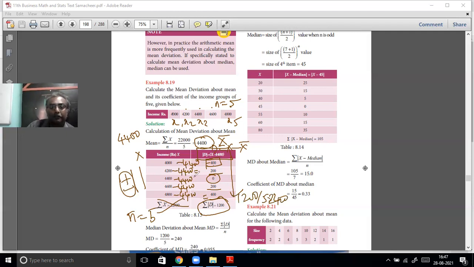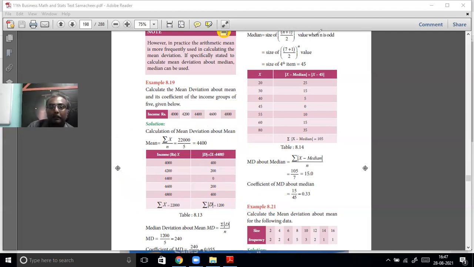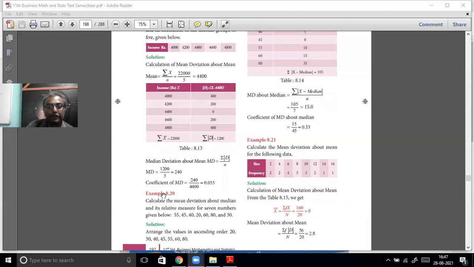அவ்வளவுதான் விஷயம். ஆமா, 240 வந்துச்சு. Coefficient of mean deviation எப்படி? So 240 is already the mean deviation. You have to divide it by mean. Mean was 4,400.